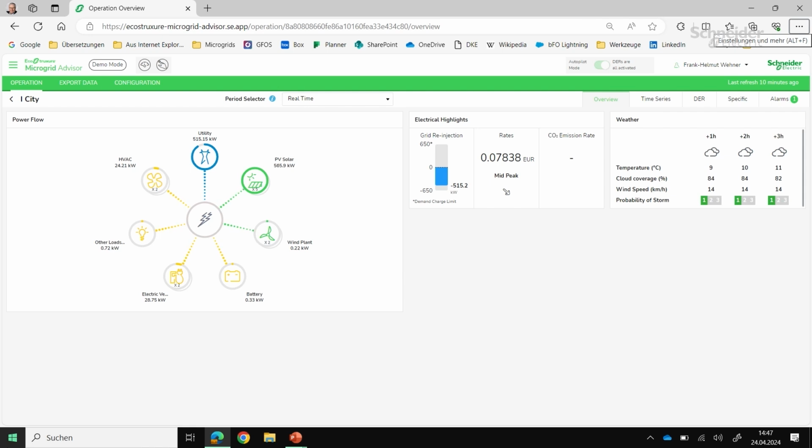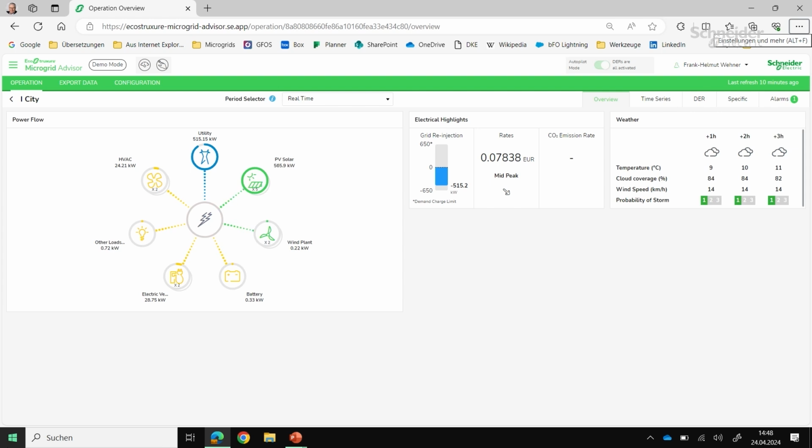So what we see here is we have a utility connection, we have PV solar, which is currently producing a lot of PV power. We have a small wind turbine also producing a little bit of power. We have a battery storage. We have some EV chargers. We have an HVAC system from the building and the remaining electrical loads which are covered here.